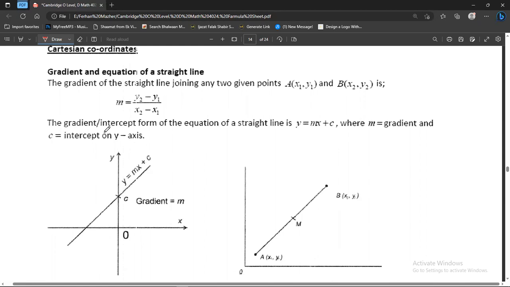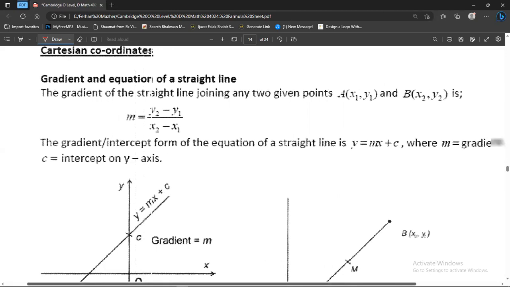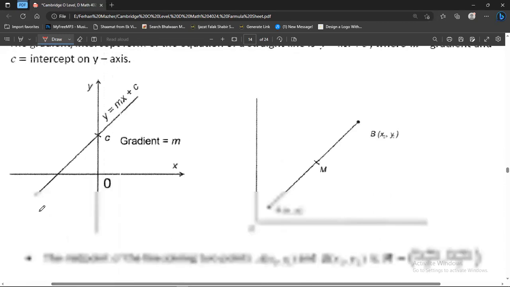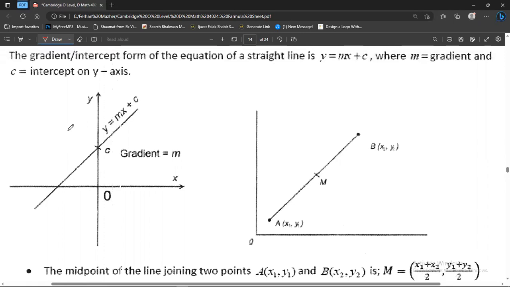The gradient-intercept form of the equation of a straight line is y equals mx plus c, where m is the gradient of that line and c is the intercept on the y-axis. Intercept on the y-axis means that when the line cuts the y-axis, what is the value of y there?